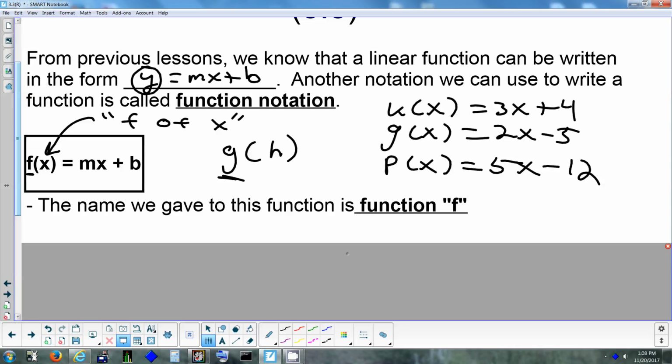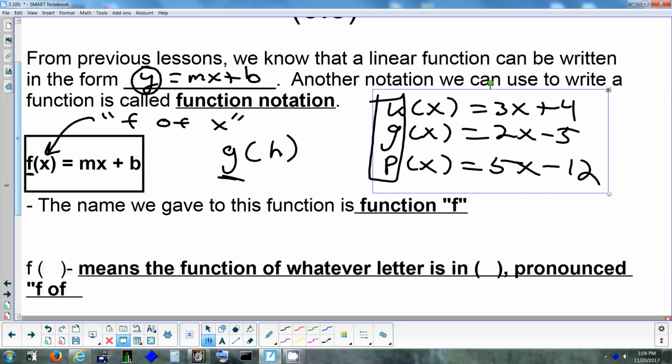Or I could say, what do you get if you plug in 1 into function P? All these letters do is give us a name to call the function. If they were all y, like y equals 3x plus 4, y equals 2x minus 5, they're all y equals, so I wouldn't be able to give them names. This gives them names. So the top one would be called function K, function G, function P, or like the one we have here, function F.